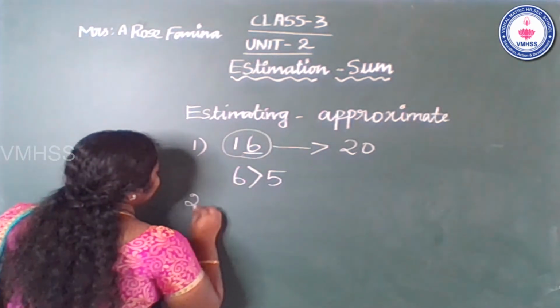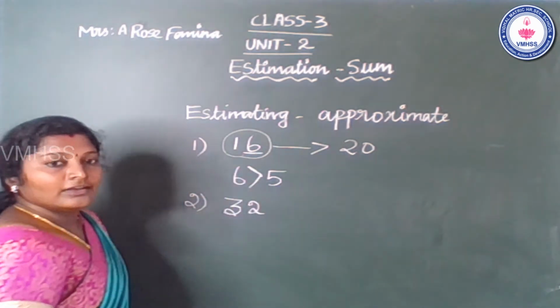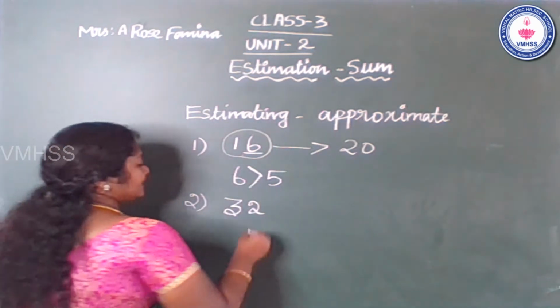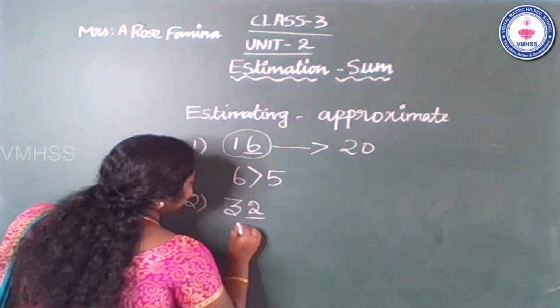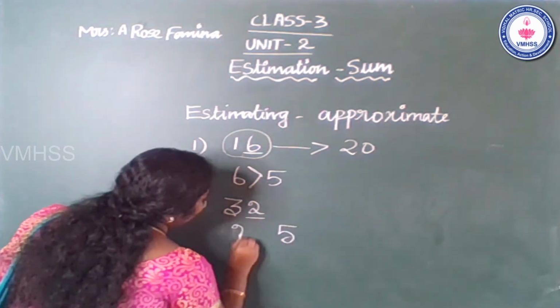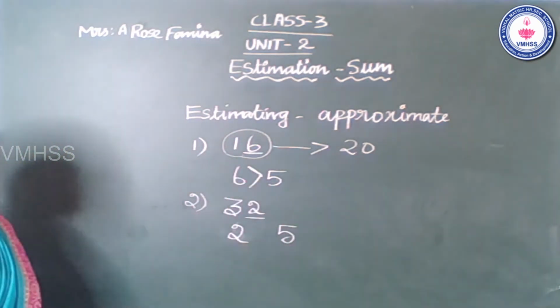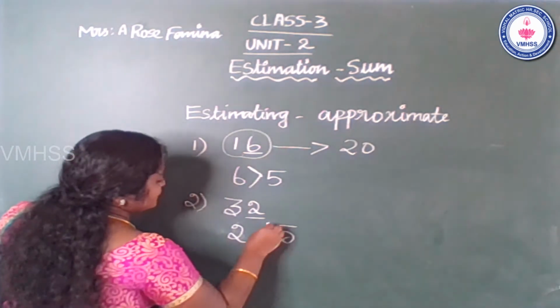Second number, 32. First you see the ones place, 2. You compare 2 with 5. Is 2 greater than 5 or less than 5? Very good, less.